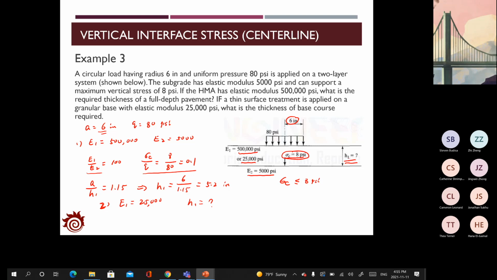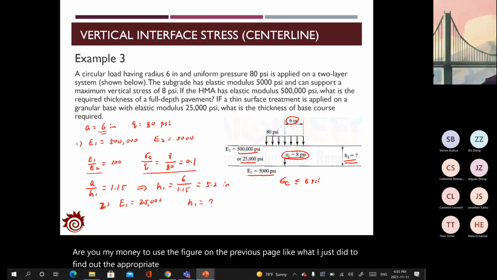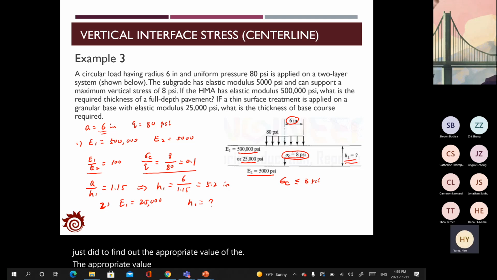You might need to use the figure in the previous page, like what I just did, to find out the appropriate value of A divided by H1.